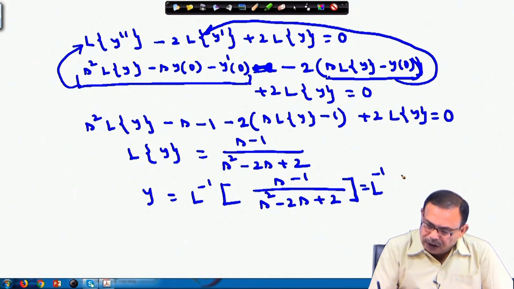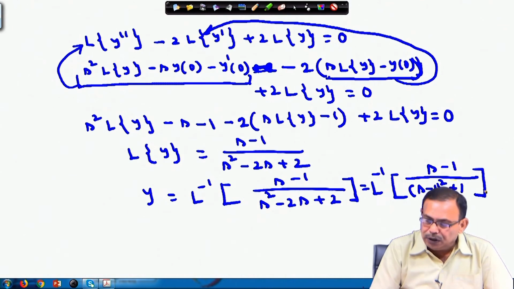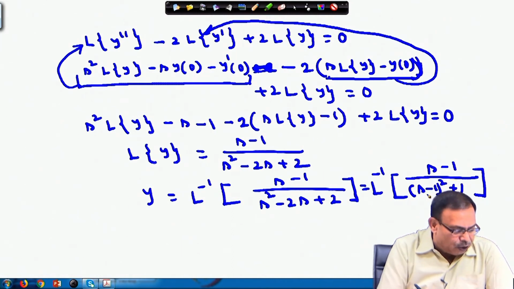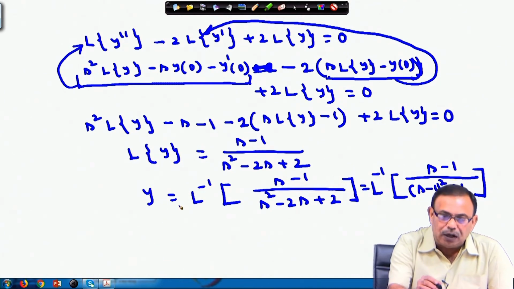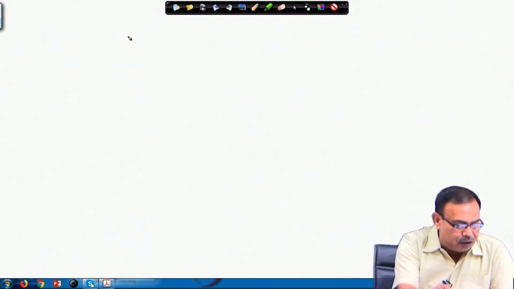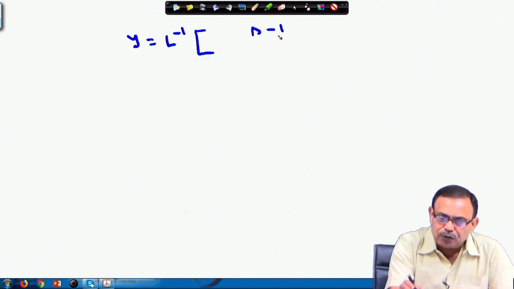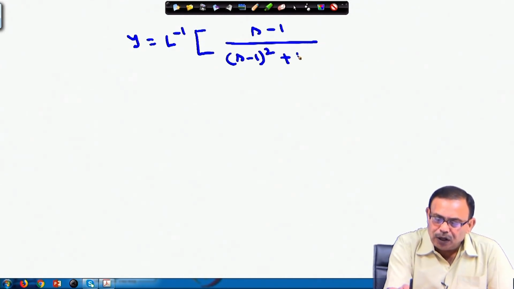Once I am getting this, I can write it as Laplace inverse of s minus 1 divided by s minus 1 whole square plus 1. Please note this thing. Let me write clearly on the next page: y equals Laplace inverse of s minus 1 divided by s minus 1 whole square plus 1.